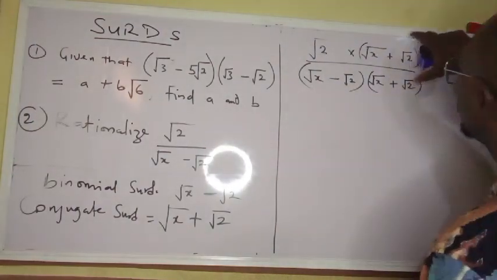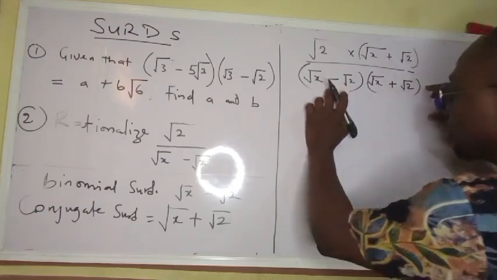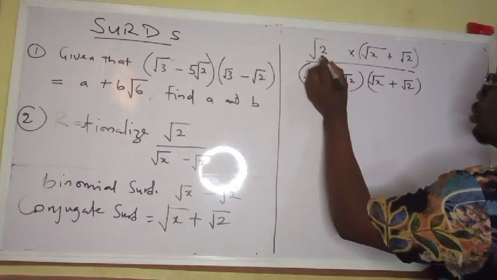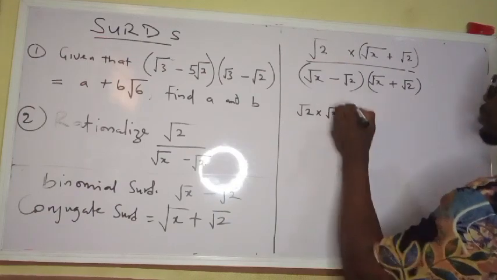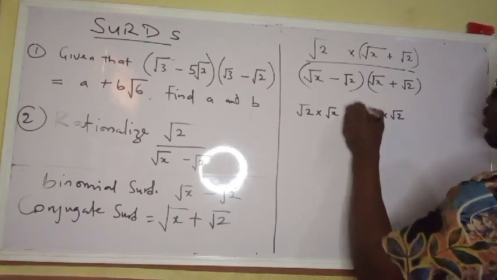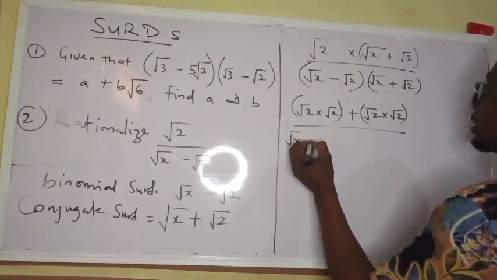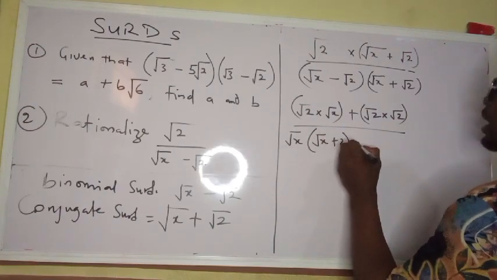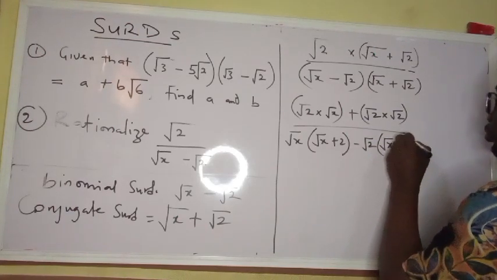Now, let's open up the brackets. For the numerator we have √2 times √x, plus √2 times √2. For the denominator we have √x into √x plus √2, then minus √2 into √x plus √2.